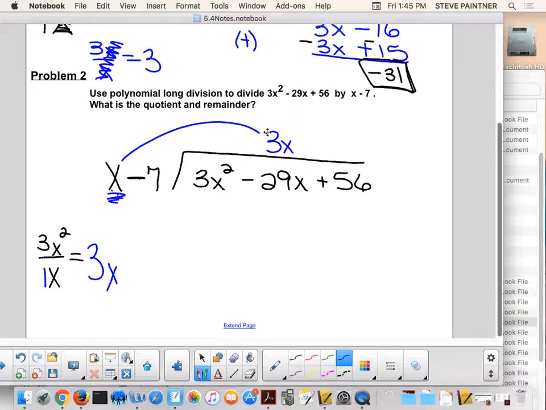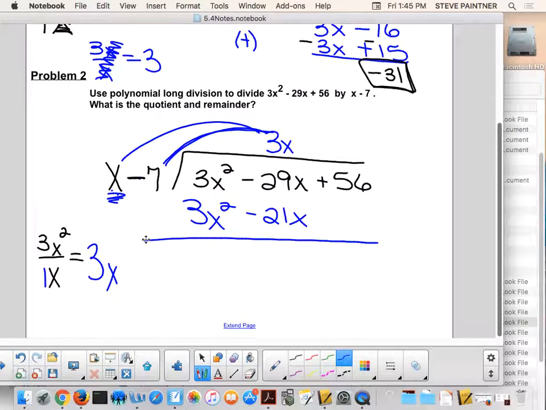Multiply. This would give you 3x squared. This would give you negative 21x. Draw your line and subtract. When you subtract, it's like adding the opposite. Change the sign. Add down. Gone. What's this? Negative 8x. Bring down this.